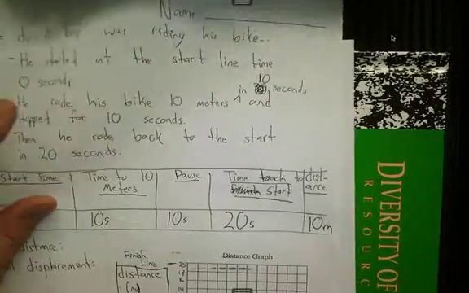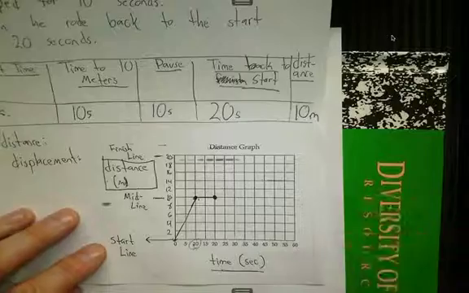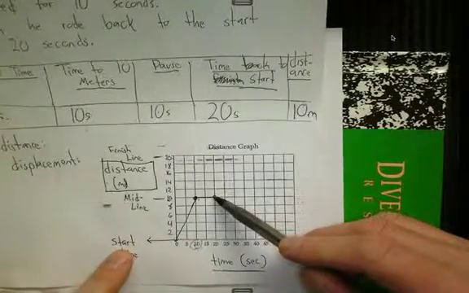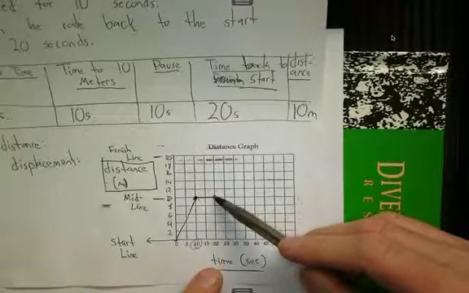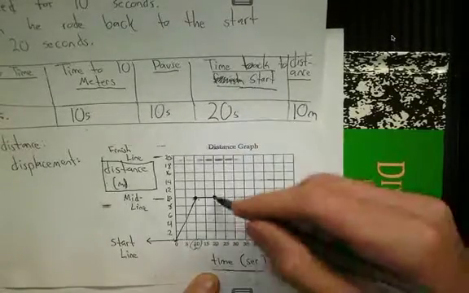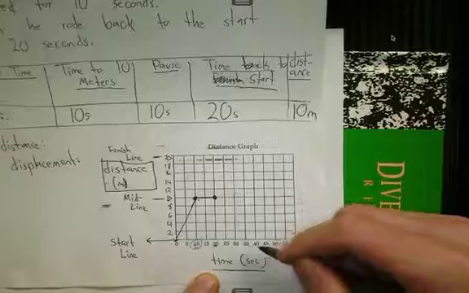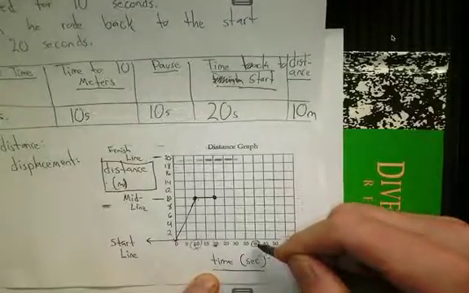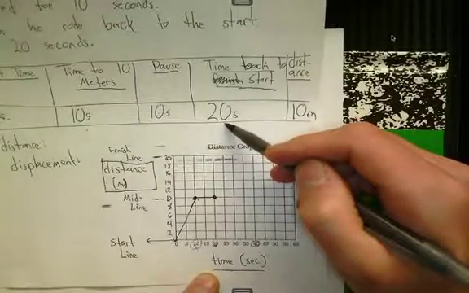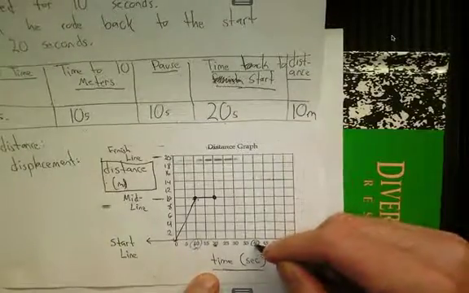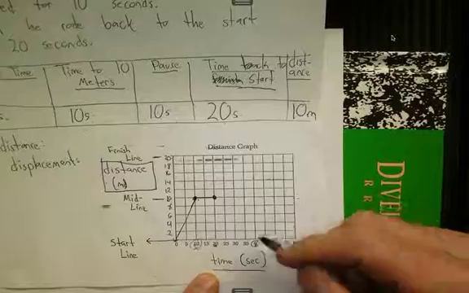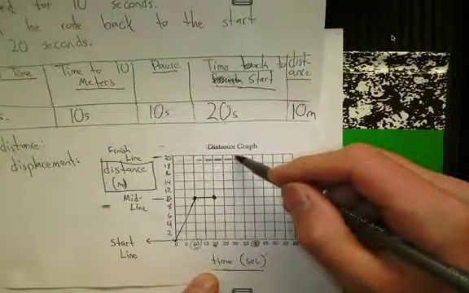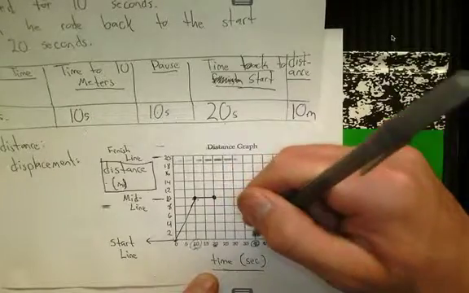If we look at our distance graph, he needs to go back to his start line. It's going to take him 20 seconds to do it. If he's at the 20-second mark right now, it's going to end up at 40 because 20 plus 20 is 40 seconds. Now, we have to think: is he going towards the finish line, or is he going back to the start line?